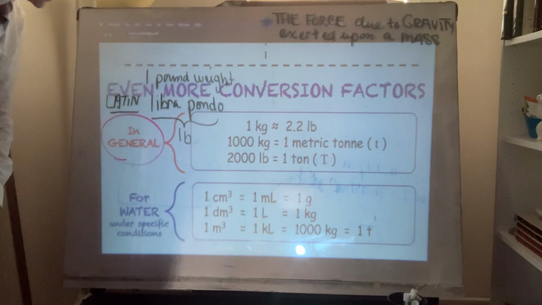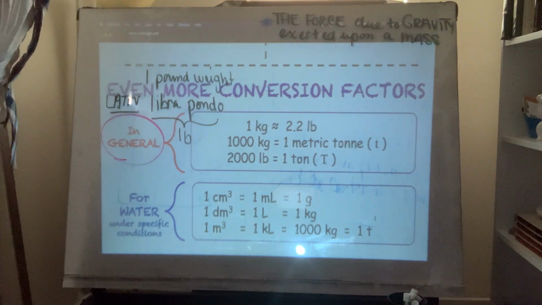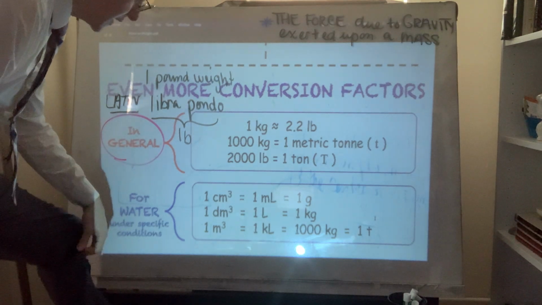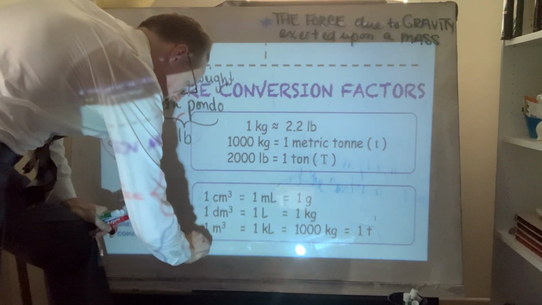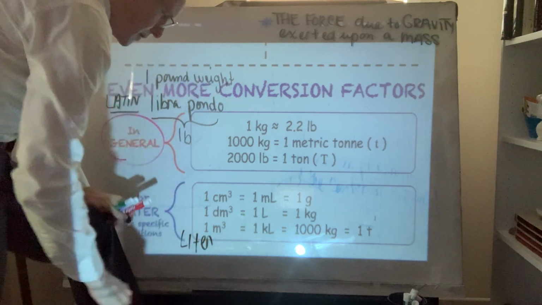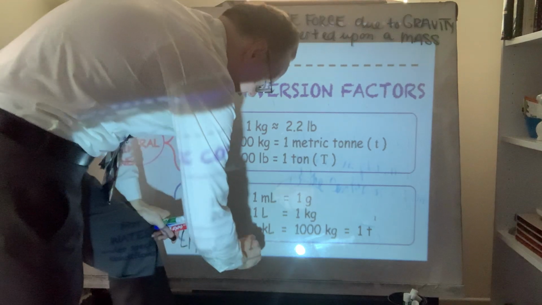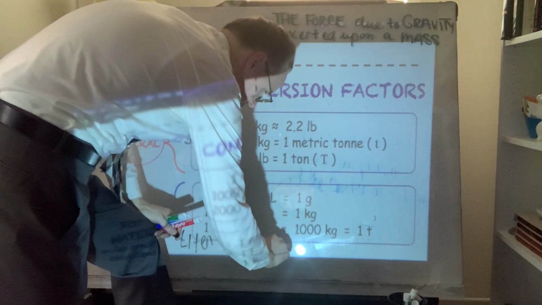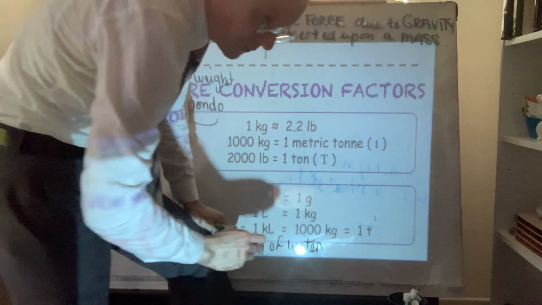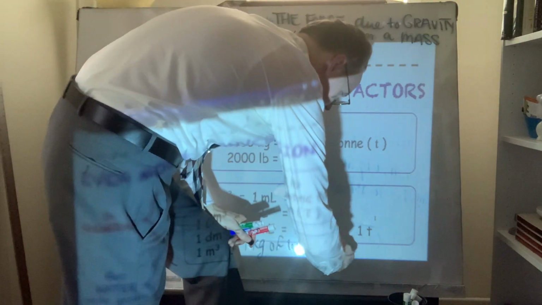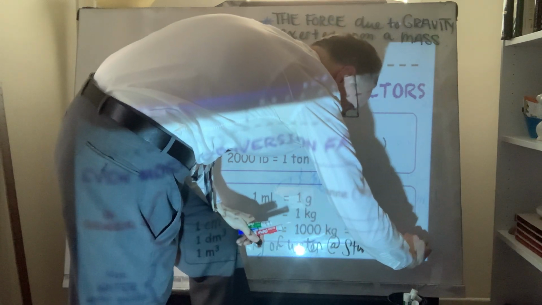The scientific definition of a liter, and again, I'm spelling it the American way, is 1 kilogram of water at standard temperature and pressure.